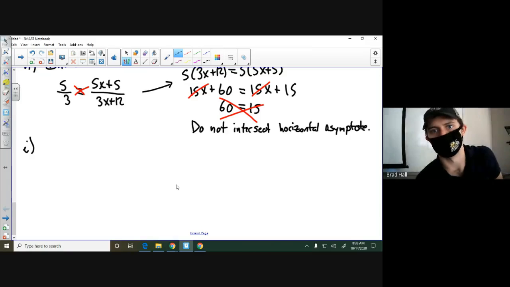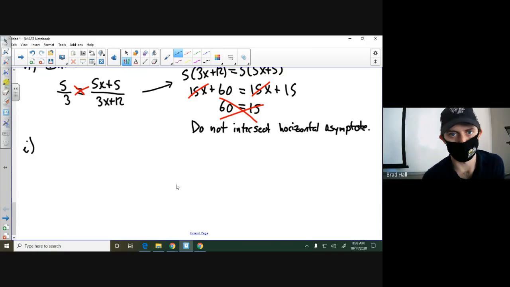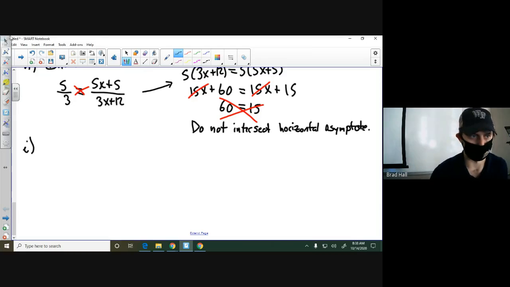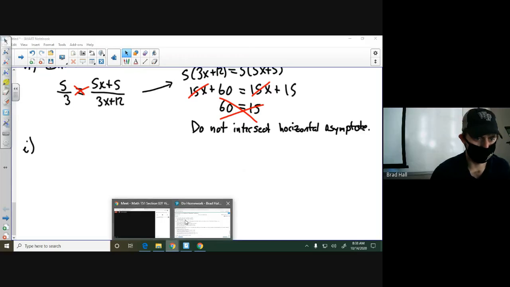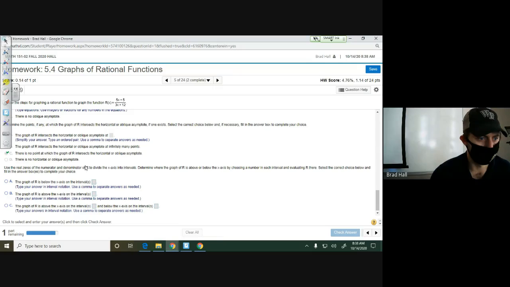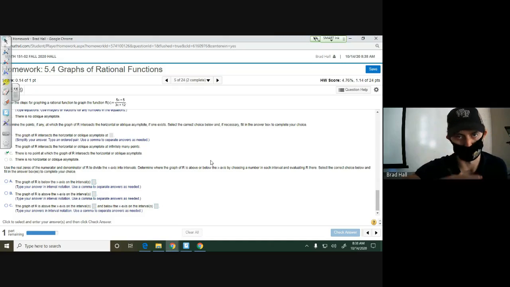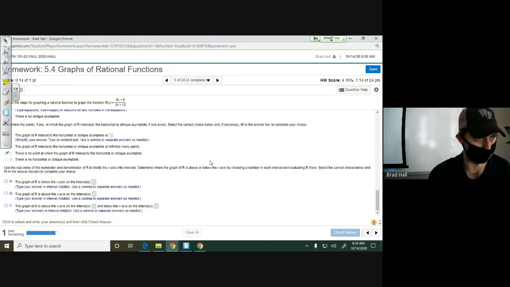So what we're trying to do is determine whether the graph is happening below or above the x-axis.